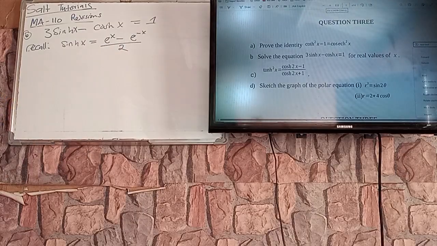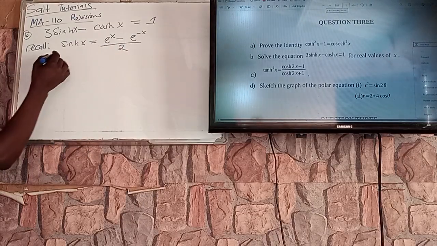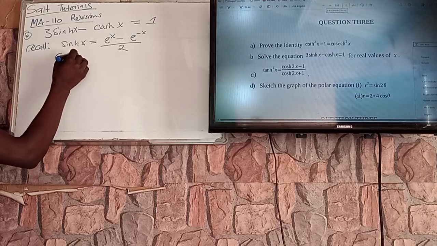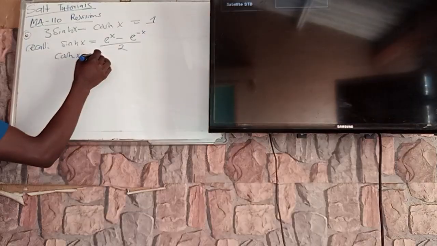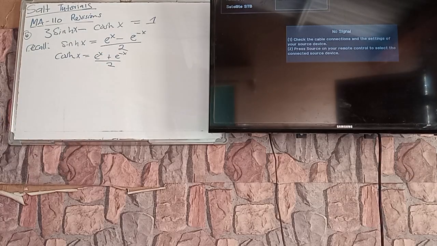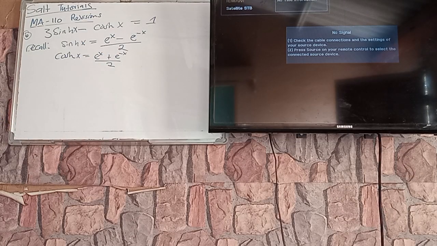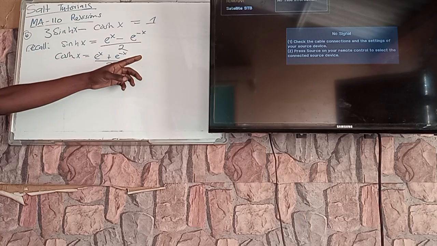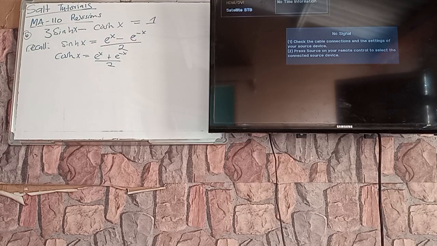That is for sinh. And for cosh, cosh x is given by e to the power x plus e to the power negative x, over 2. That is for cosh. So once we understand this, automatically this becomes very simple.